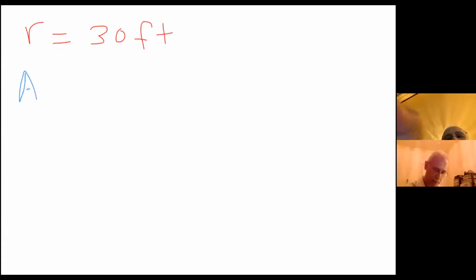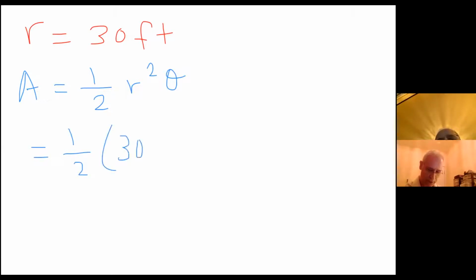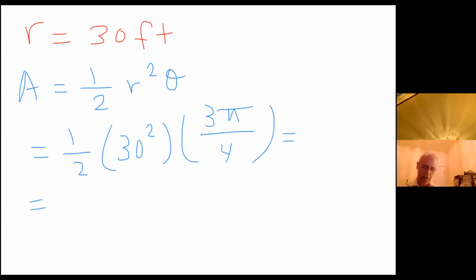So I know area of a sector equals 1/2 R squared theta, and that equals 1/2 times 30 to the second power times 3 pi over 4, and that gives me, okay, 30 squared is 900. Okay, this equals 675 pi over 2.